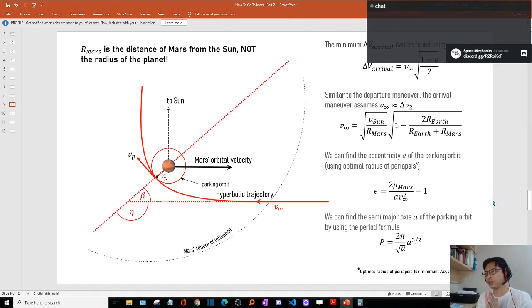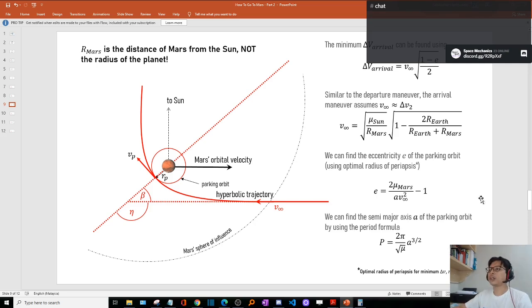So we need to find a delta V maneuver that uses the minimum fuel expenditure, minimum delta V, because delta V equates to fuel usage. You always want to aim for minimum delta V.